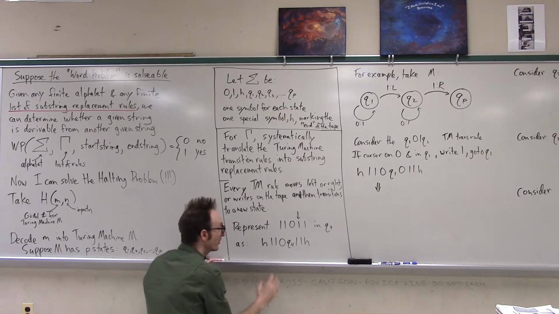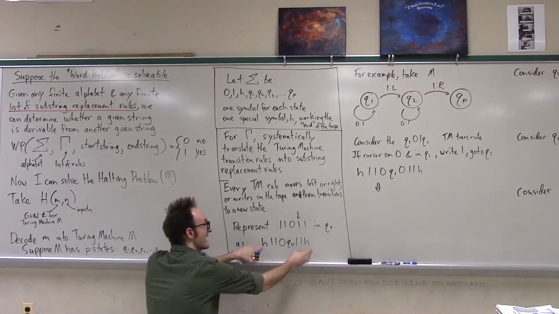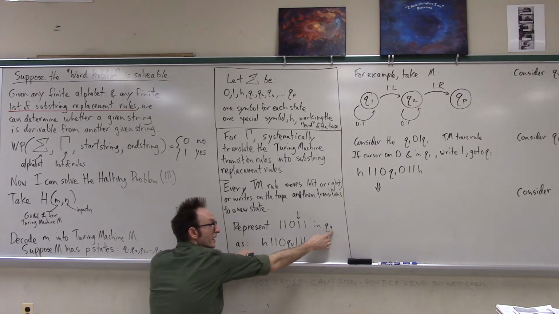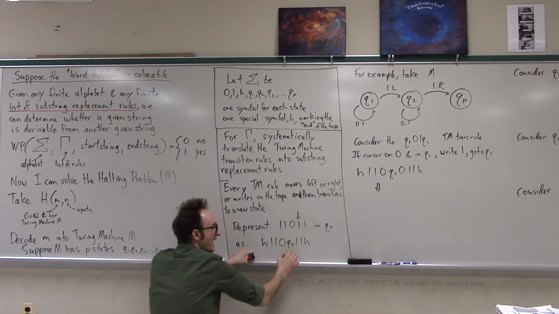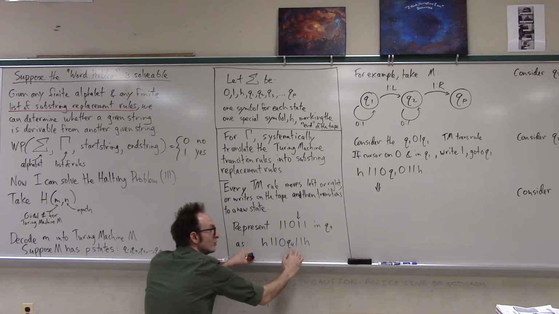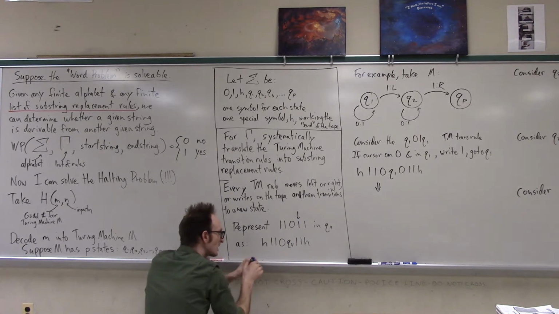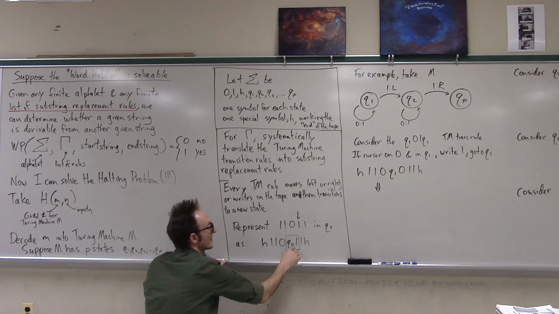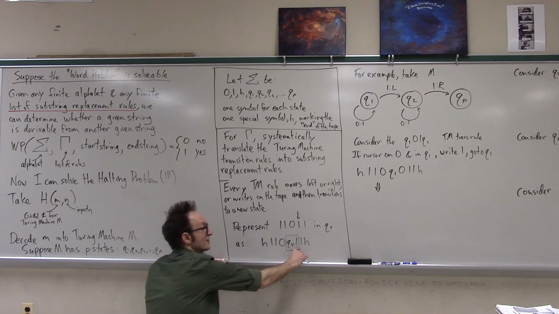Well, for our purposes, we are going to express that as follows. We have a symbol, the Q4 symbol, and we're going to insert that here. By convention, if our cursor is on this 1, we're going to place the Q4 just before that 1. So when you see Q4 1, we interpret this as meaning we're in state Q4 and our cursor is on the character just after that symbol.